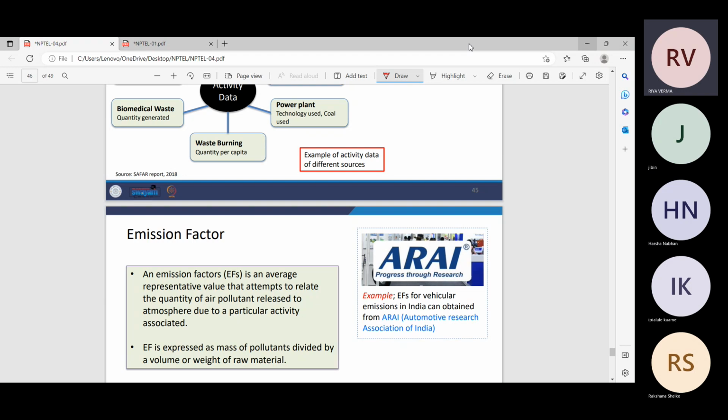That is why aerosol optical depth is used for the prediction of particulate emissions in the atmosphere. It is directly proportional: the amount of particulates present in the atmosphere is directly proportional to your aerosol optical depth.